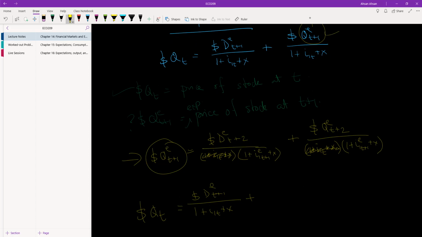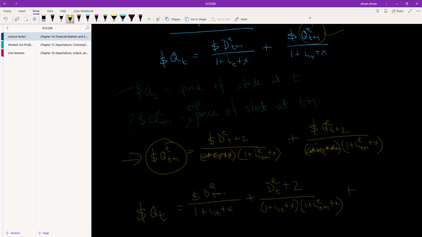So we input this, so what we get is the expected dividend in period t plus 2 divided by 1 plus I1t plus x times 1 plus I1 t plus 1 plus x.